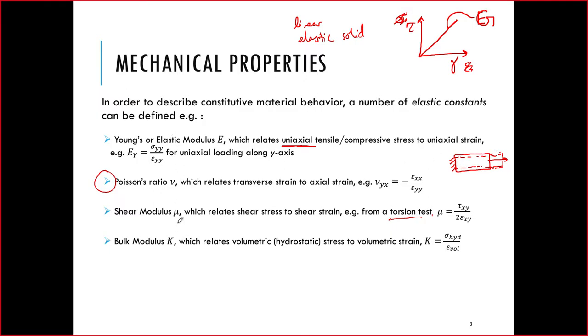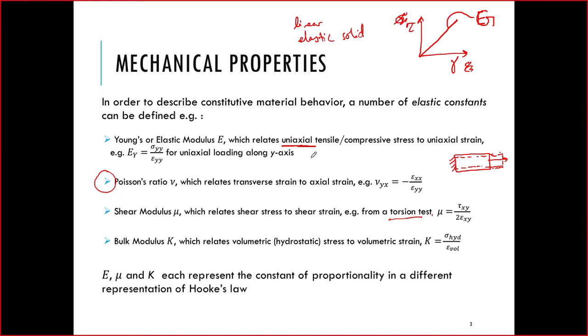Now I just want to point out one more thing. All of these, when we're talking about the linear elastic solid, are constants of linearity, or constants of proportionality, for different versions of Hooke's law. Okay, Hooke's law, I think everyone remembers. Hooke, in the 1600s, was the first one who observed, when he performed experiments with springs, but it applies to materials as well, that the force and the extension in a spring are proportional to each other.